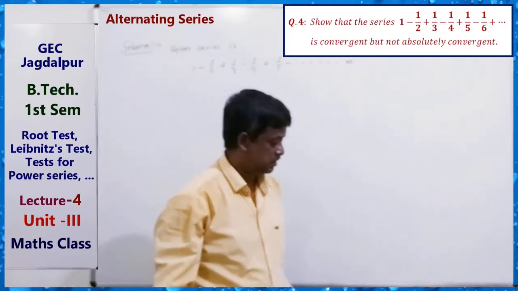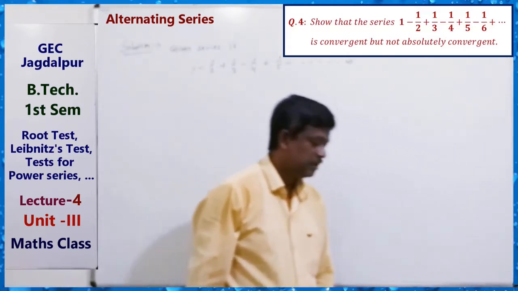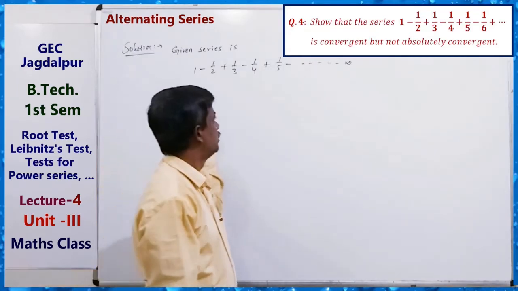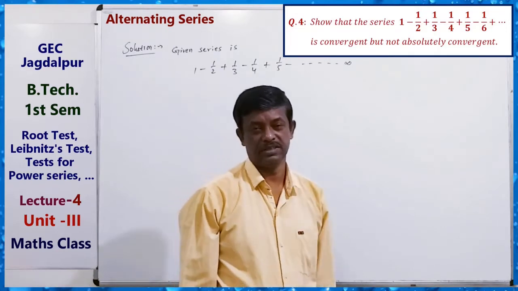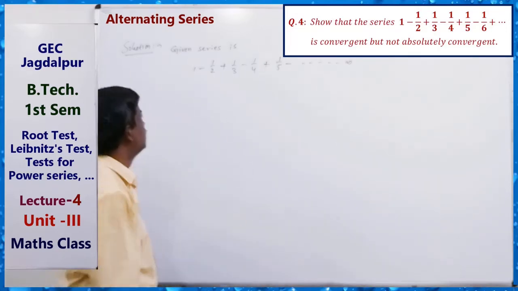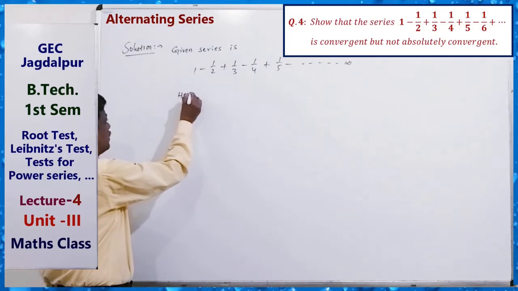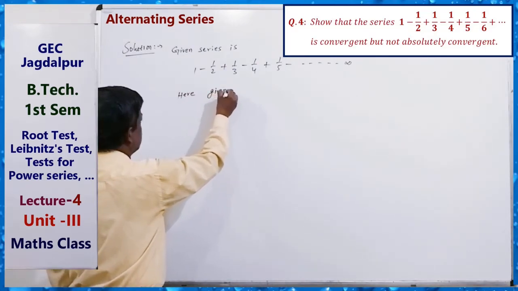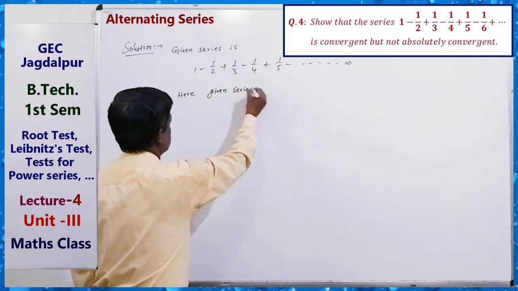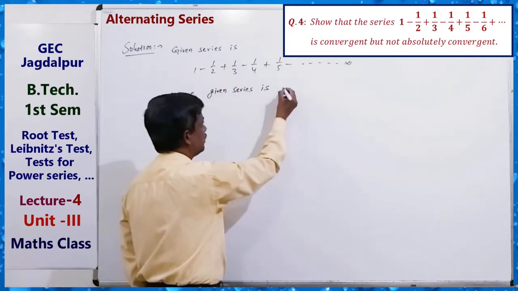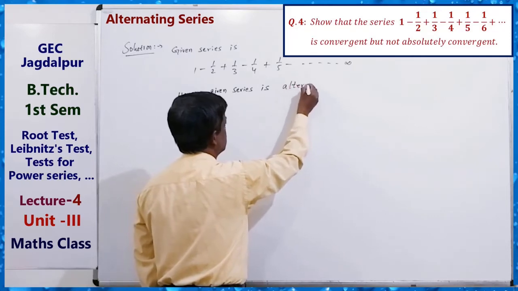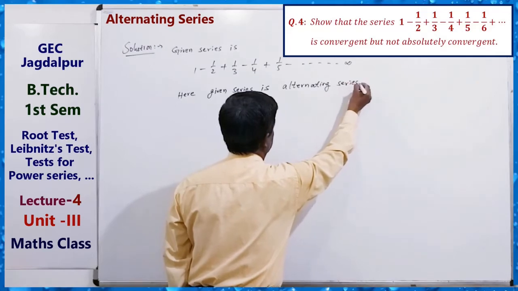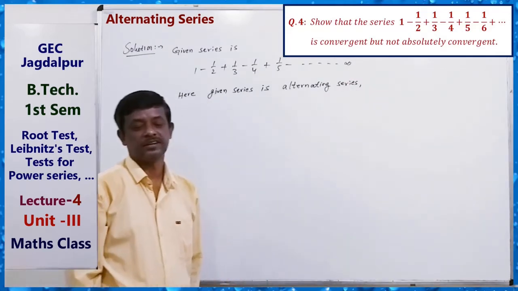This is the given series. This is convergent but not absolutely convergent. Here the given series is an alternating series.